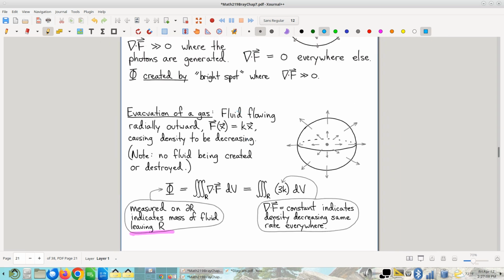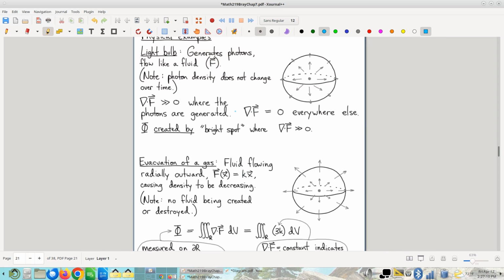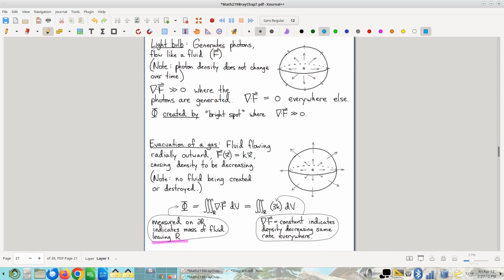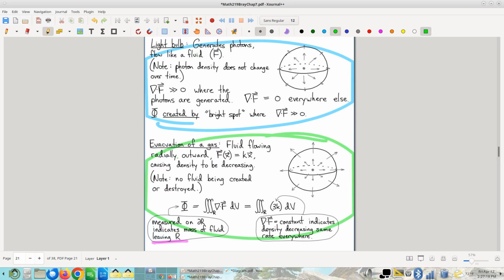Now, let me emphasize the reason that we get these different interpretations in these two examples, the photon example versus the gas fluid flow example, is because these are fundamentally different kinds of fluids. And that's just the nature of life, that there are different kinds of things sometimes.